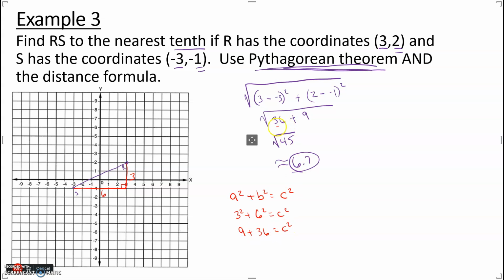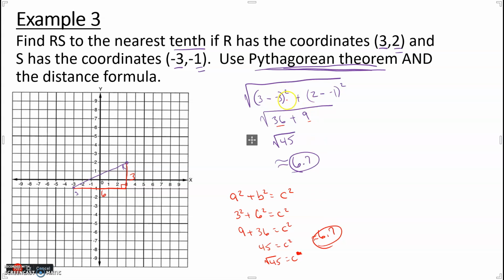All right, look at that, 36 and 9, we added them. And then your last step is we don't want c squared, we just want c, so we're going to take the square root. And it's the same, oops, just kidding, it's just a c now. And if you type that in, you still get about 6.7.